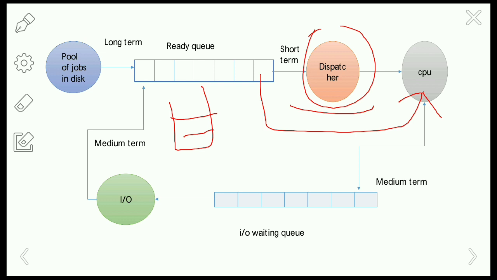So it will switch from one process to another, save the previous context and load the new process. After the new process finishes the execution, it is again going to resume the context of the previous process, and it will execute that previous process also. This function is done by the dispatcher.